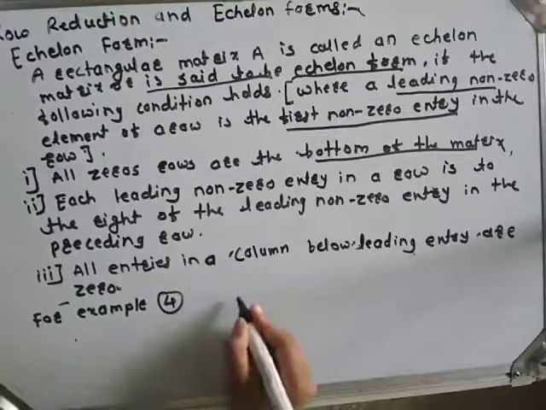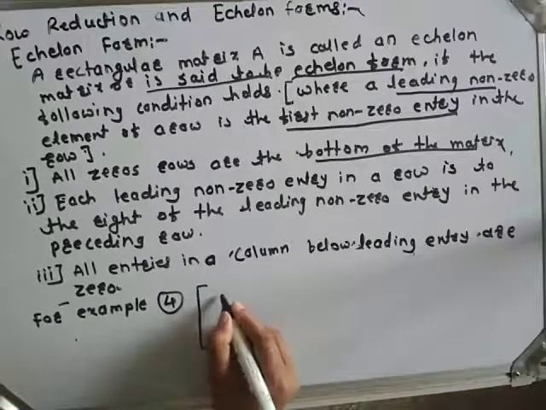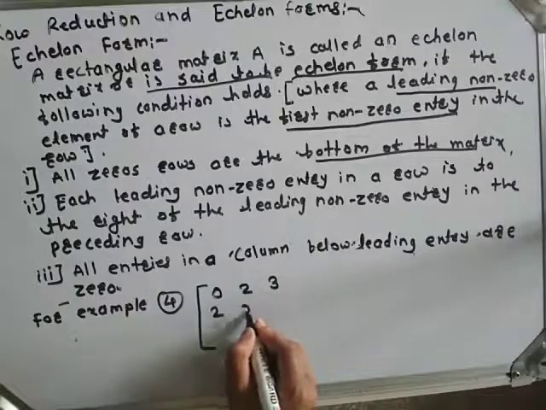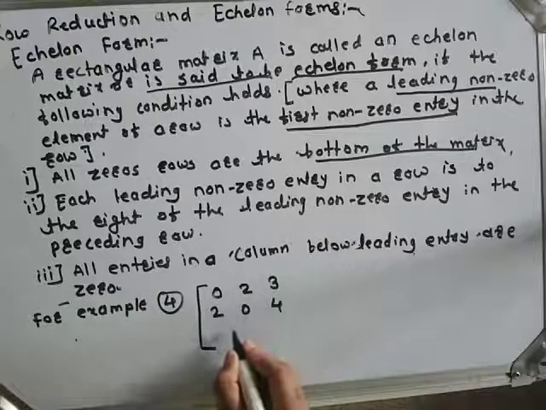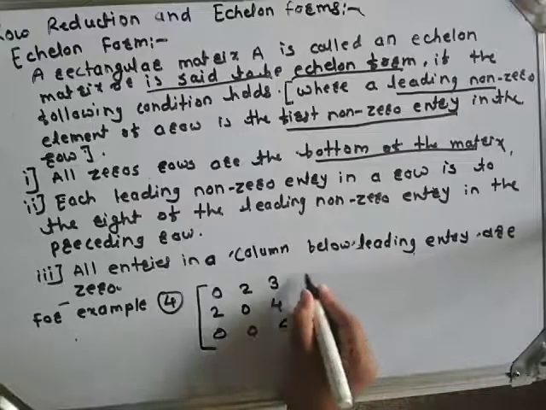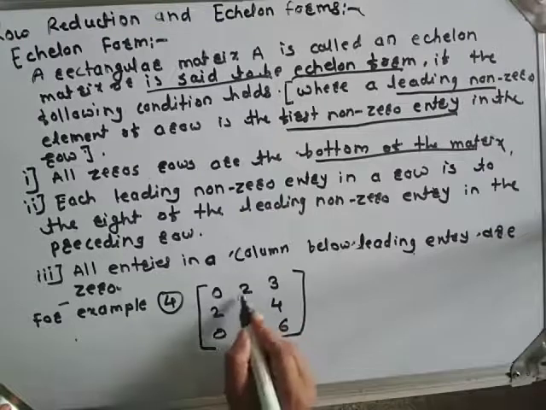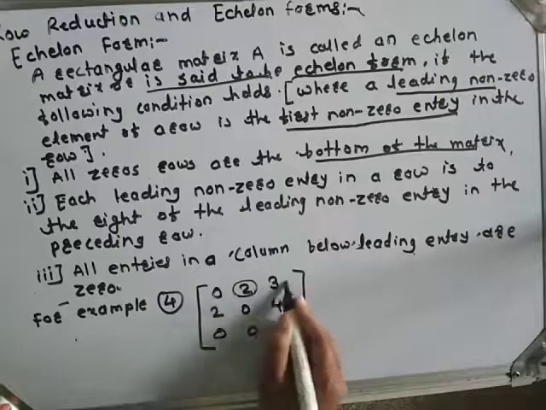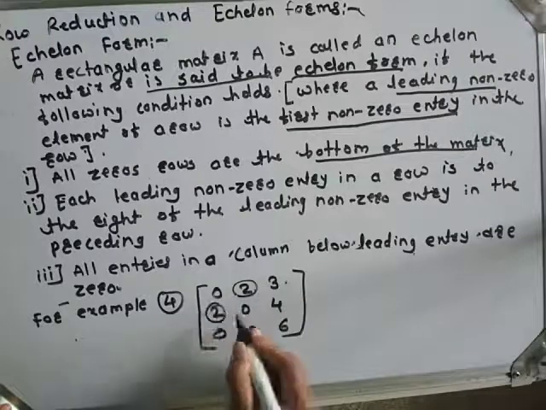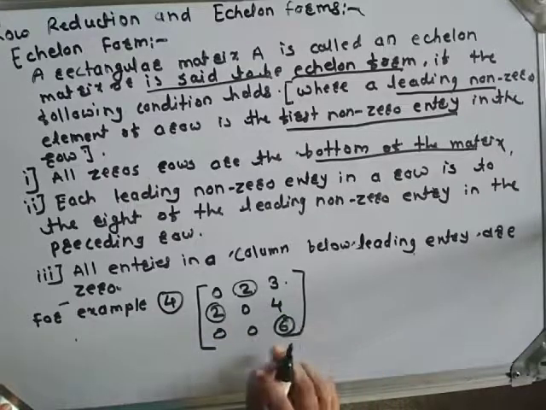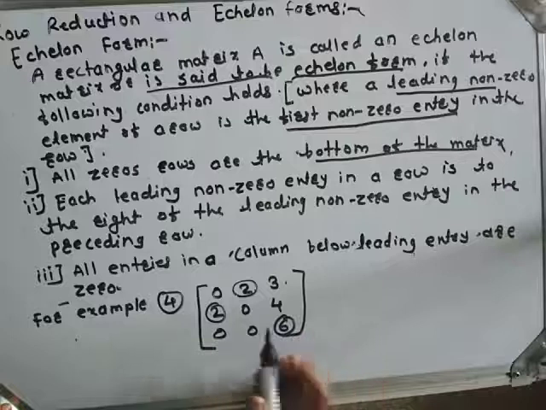Let us see example number 4. Matrix 0 2 3, 2 0 4, 0 0 6. In this matrix, this 2 is the leading entry for the first row, this 2 is the leading entry for the second row, and this 6 is the leading entry for the third row.